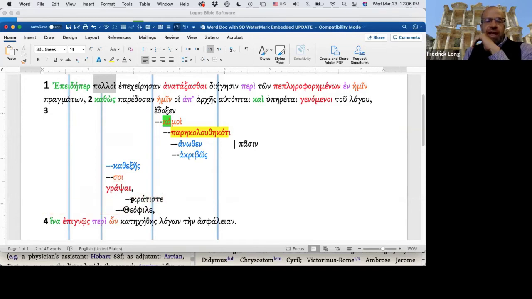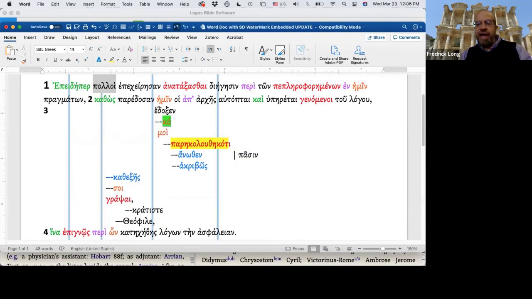And most excellent is modifying Theophilus. So you notice that I align things 3 spaces in front of what they're modifying. And so you know what modifiers are by reference to whether they have 3 dashes in front of them.